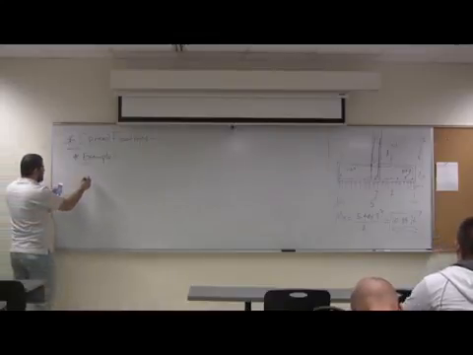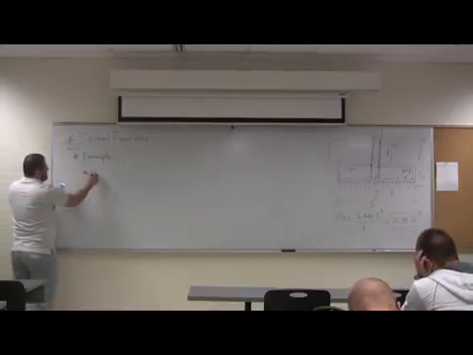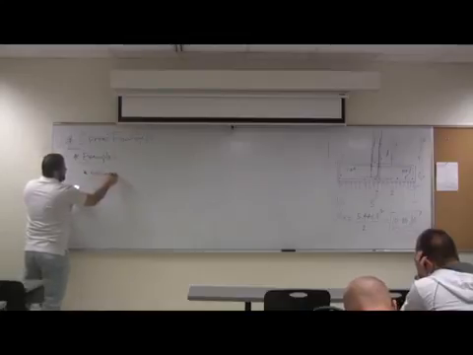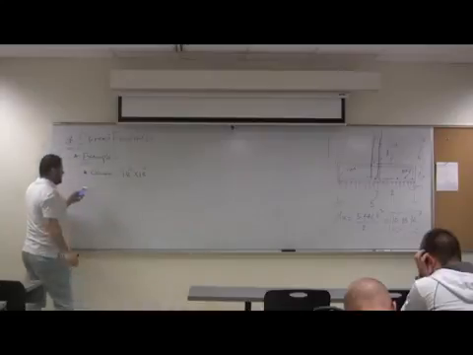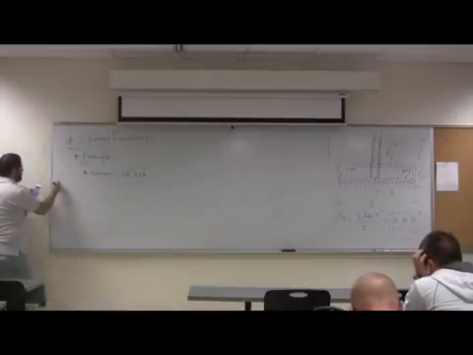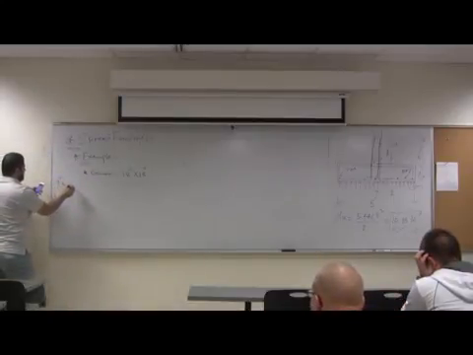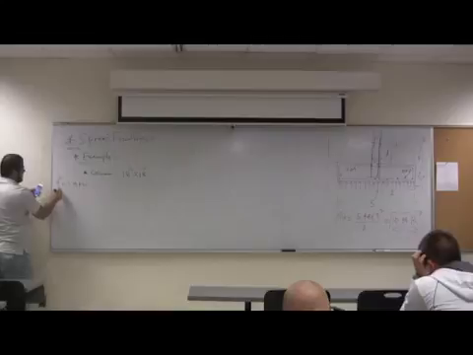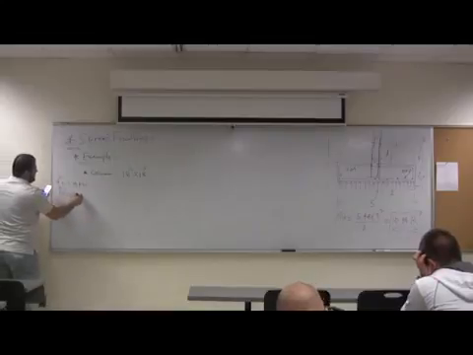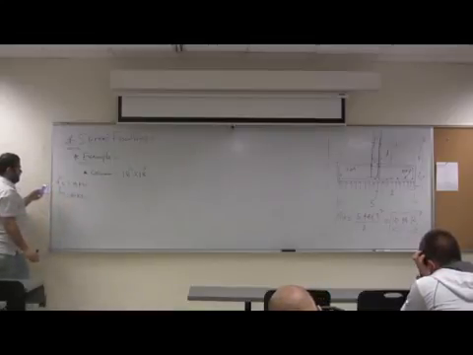The column is 18 inch by 18 inch square. F prime C will be 4 KSI, Fy 60 KSI.